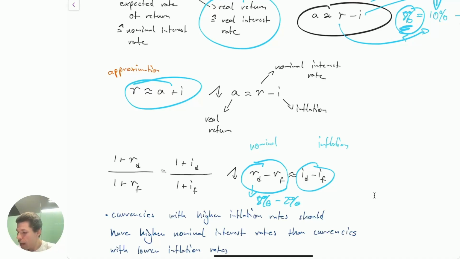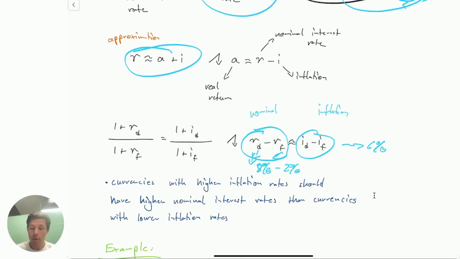So here you have a difference between country D and country F from the nominal interest rate perspective of 6%, which would mean, as per this formula, that your inflation differential, so the difference of inflation rates between those countries, should be 6% as well. Which then leads to the conclusion that currencies with higher inflation rates should have higher nominal rates than currencies with lower inflation rates.